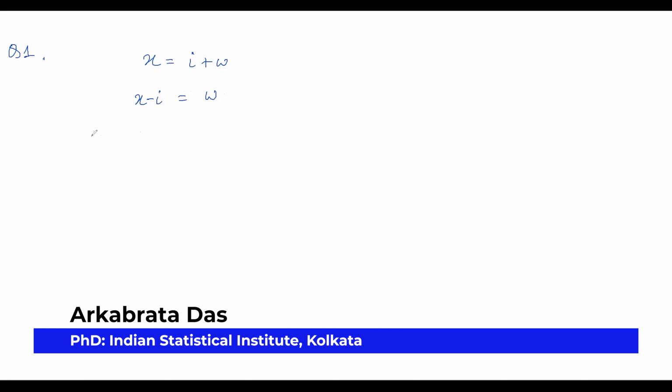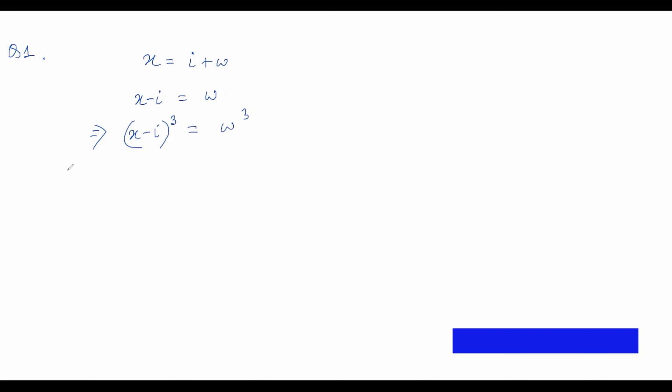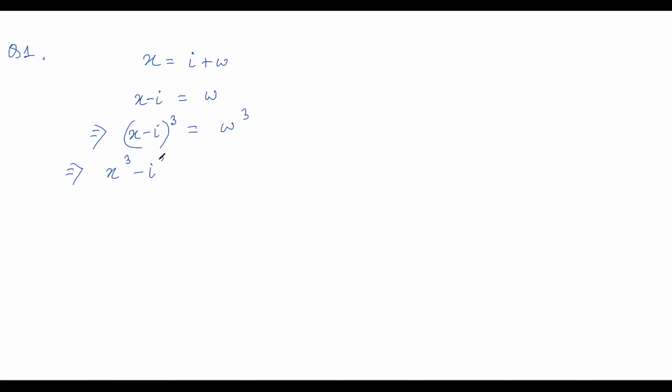So (x minus i) cubed equals omega cubed. Now if we expand it, we get x cubed minus i cubed minus 3i x squared plus 3x i squared, and that is equal to 1.